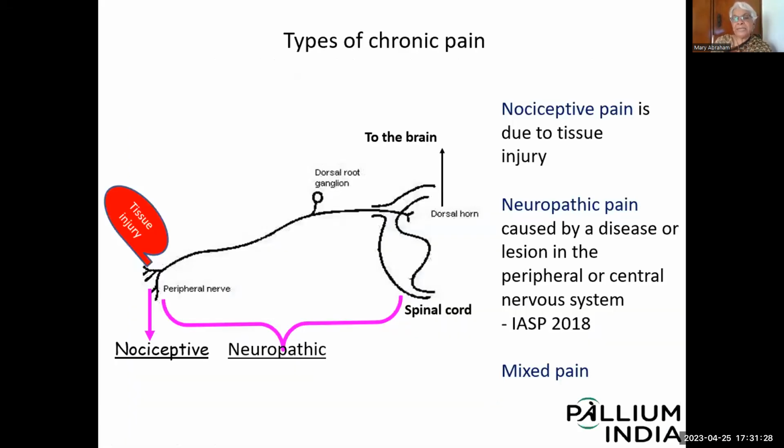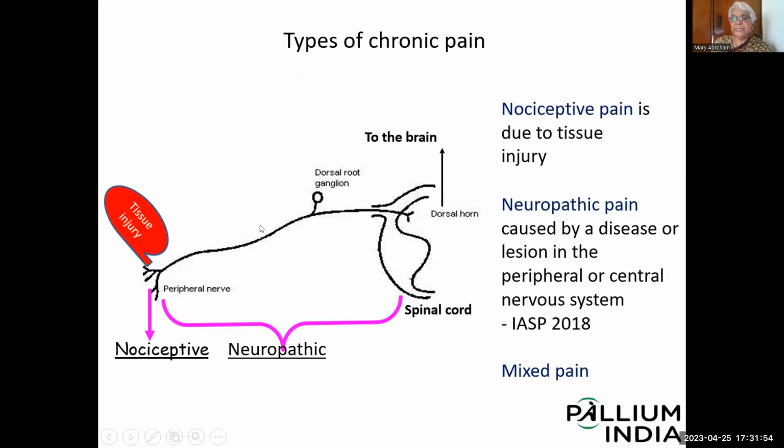Now, when you look at the type of pain, I told you in the beginning that there are two types of pain, nociceptive and neuropathic. Nociceptive is because of tissue damage at the periphery, right? Anything beyond this comes under neuropathy. So, the primary afferent neuron or the first order, the dorsal horn, the spinal cord, and the brain.